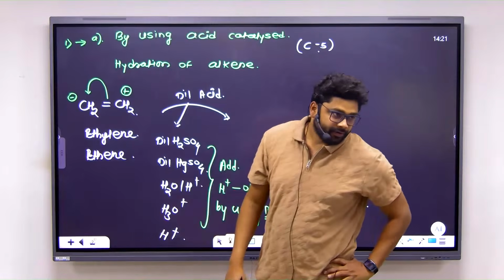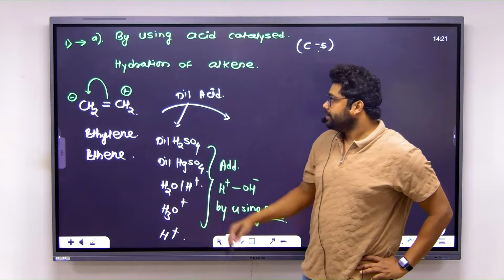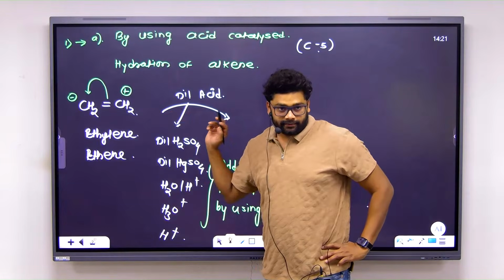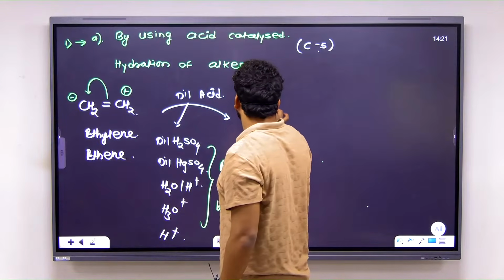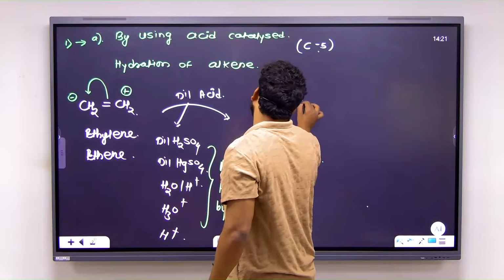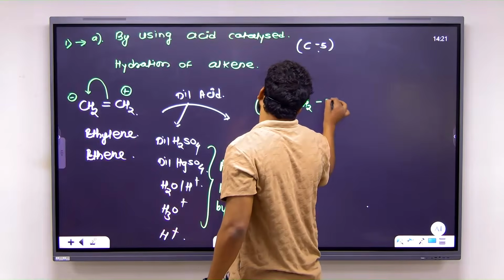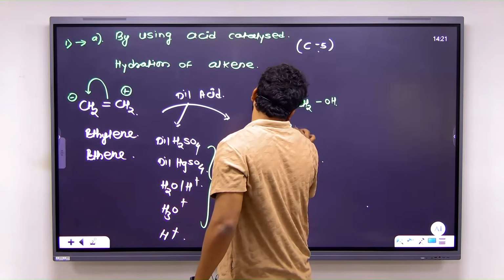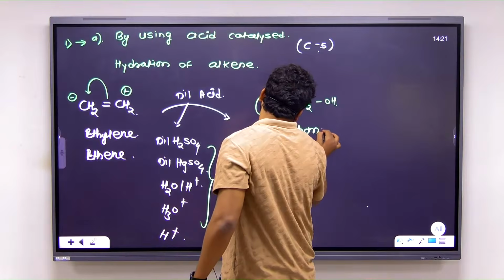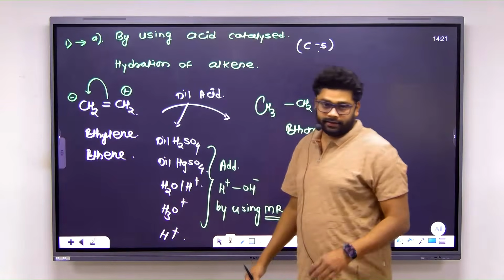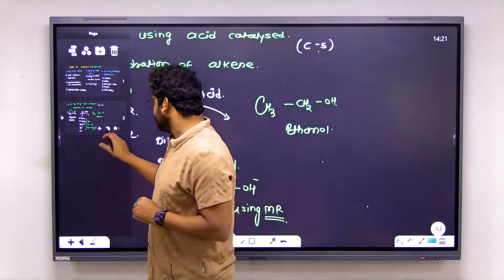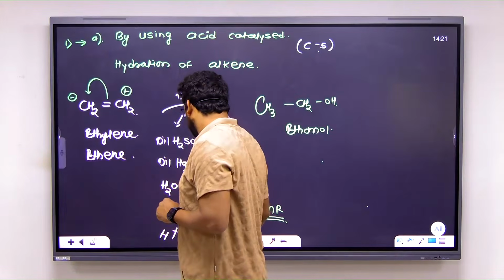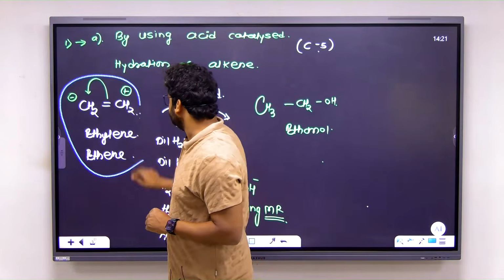The double bond is broken to form a positive carbocation. We'll see one by one how it works. And your CH2 becomes CH3, and your other CH2 becomes CH2OH. You have this compound called ethanol. The same case we are now observing here, and here we are now going to do the addition.